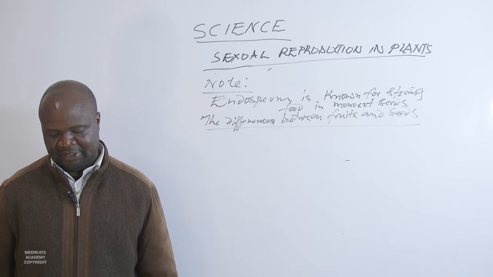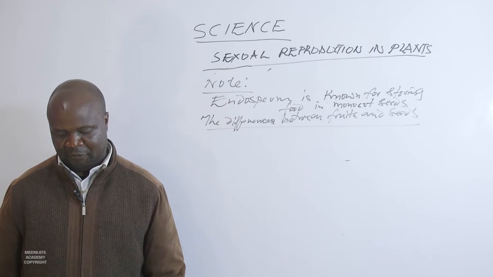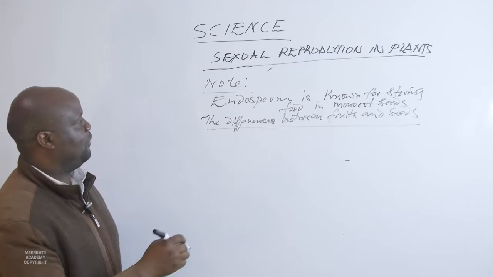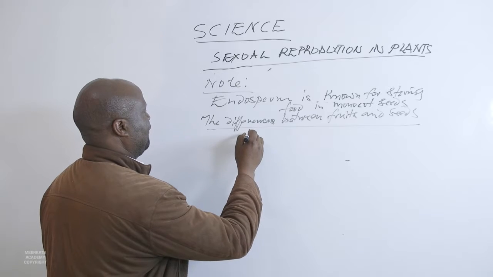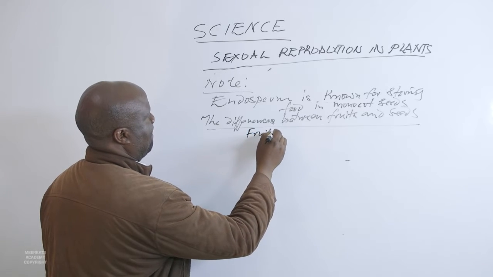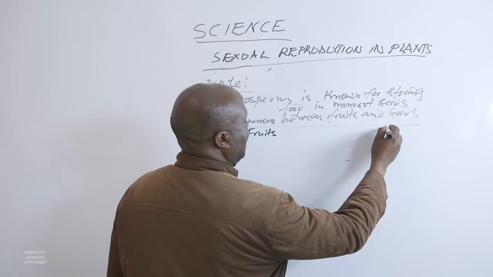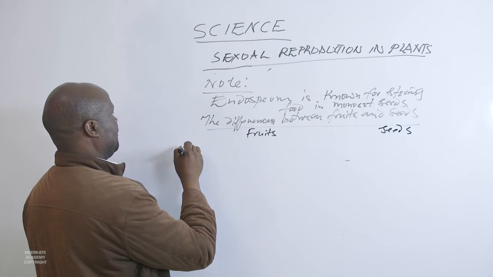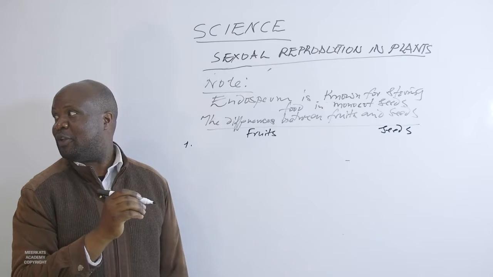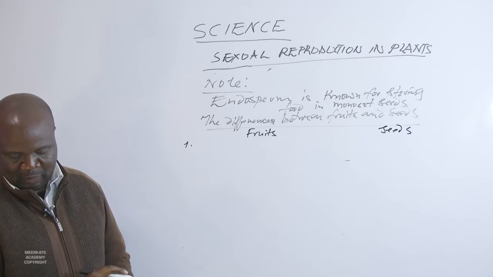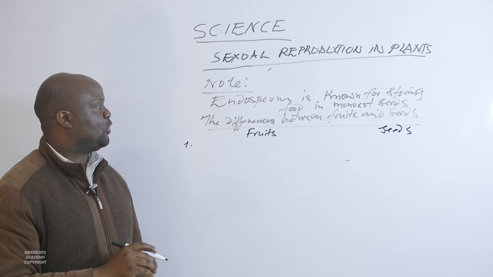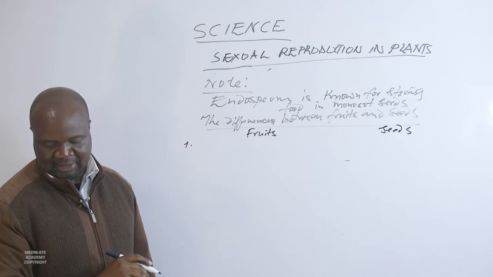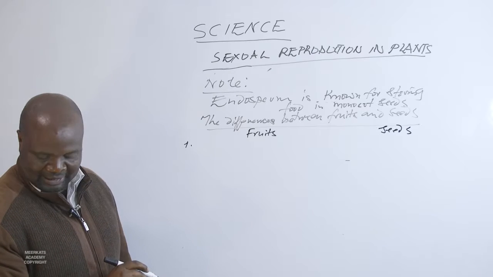We can have a table, we can have fruits, and we can have seeds, so that we look at them further. One, when we talk of fruits, they have two scars: the fruit scar and the style scar.